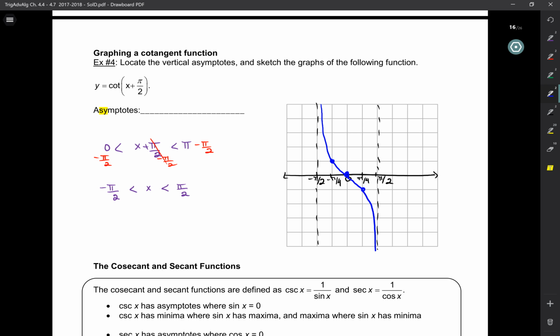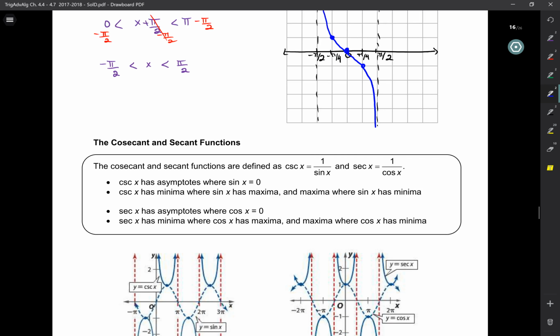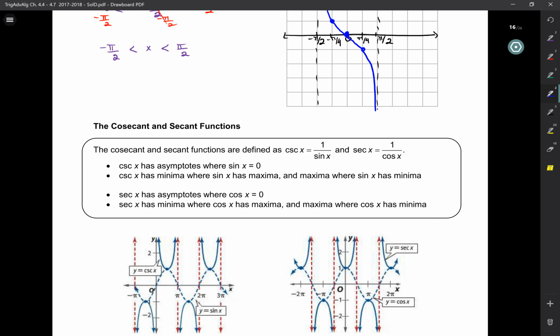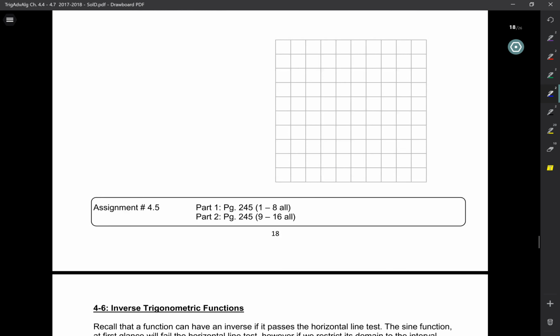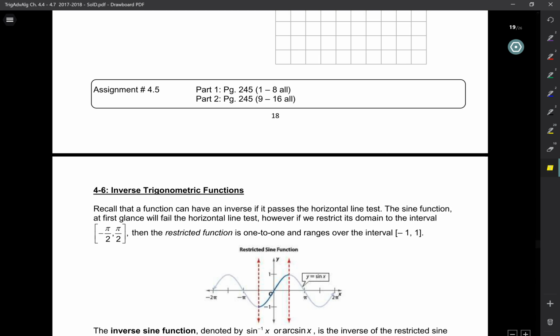Okay, now, for tomorrow, your homework is the following. 4.5 part 1, 1 through 8 all, okay? Those are all of the tangent and cotangent graphs. Okay, here it is. Do you guys want credit for this homework? Yes.